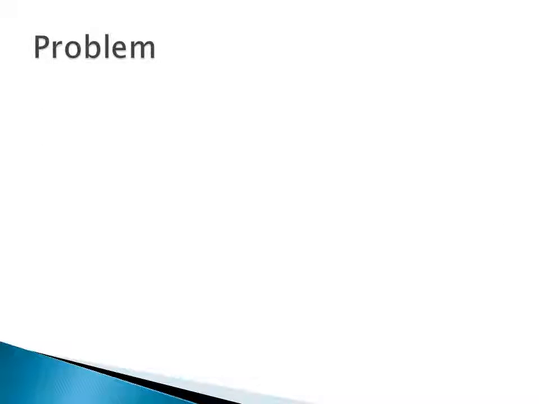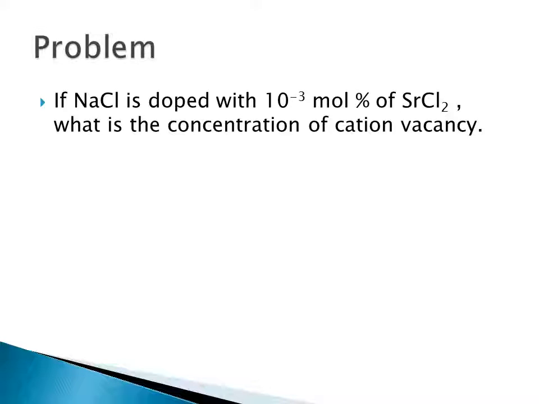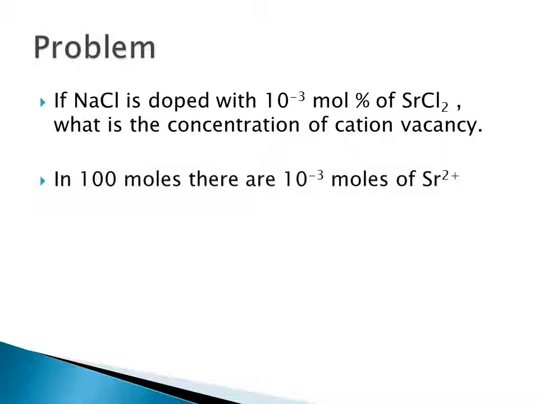Let us pass on to a problem based on impurity defect. If NaCl is doped with 10⁻³ mole% of SrCl2, what is the concentration of cation vacancy? Since it is mole%, 100 moles will contain 10⁻³ moles of Sr2+.